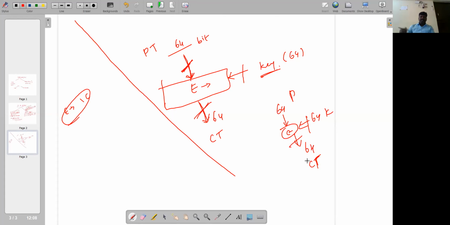By doing this, we reduce the encryption time, where we take a large amount of input and convert it into ciphertext. I hope the logic behind the block cipher technique is clear to you.